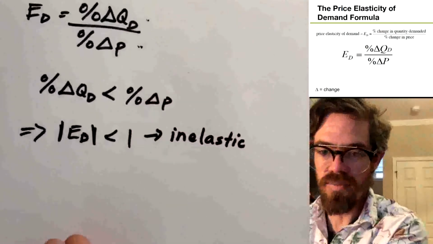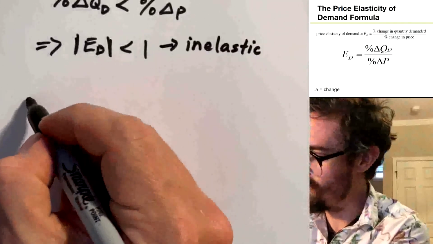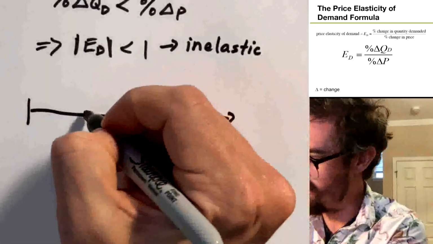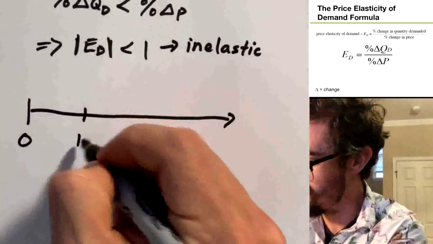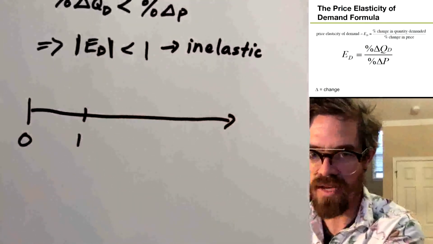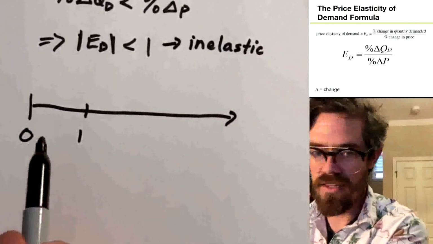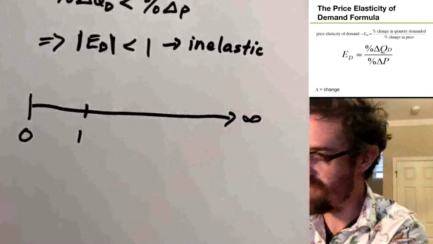Okay, so we have sort of a spectrum here, if you wanted to think about this in terms of a number line. Again, I'm ignoring the negative here, so keep that in mind. I'm just thinking about the magnitude. Oh, and by the way, the smallest this can be is 0, and the biggest it could be is infinity.